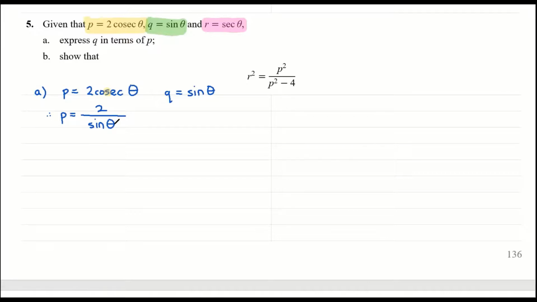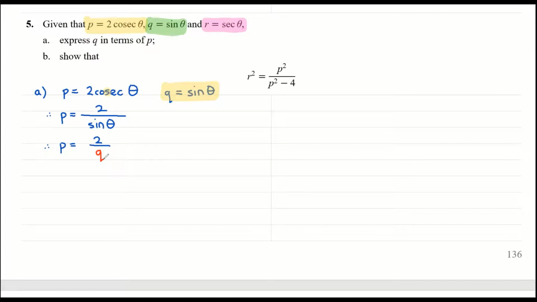Now then, we also know that's given to us that Q is equal to sine theta here. So I can just do a straight substitution now. So it was actually very simple. We can just simply state that P is going to be 2 over Q. All right, and now we have expressed P in terms of Q.